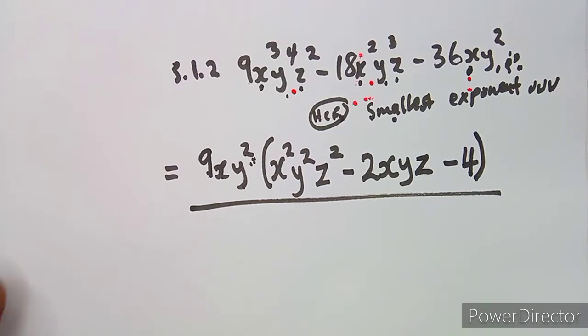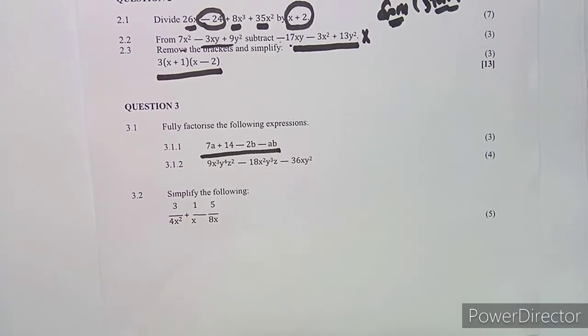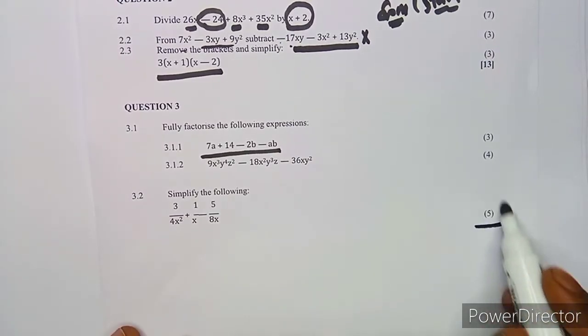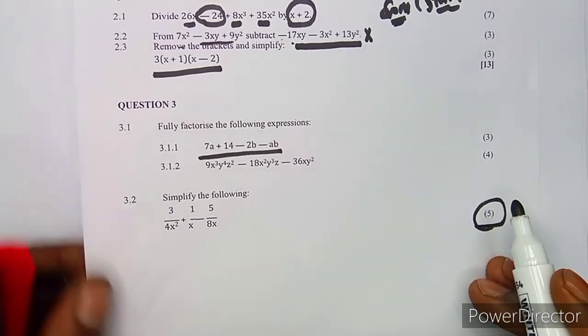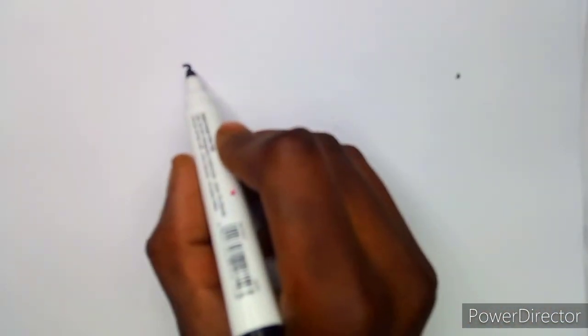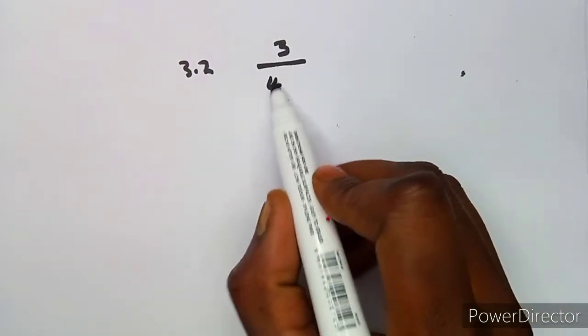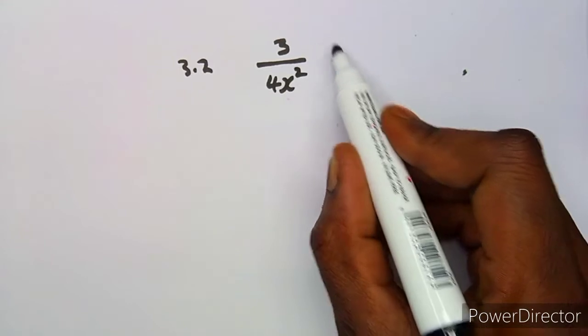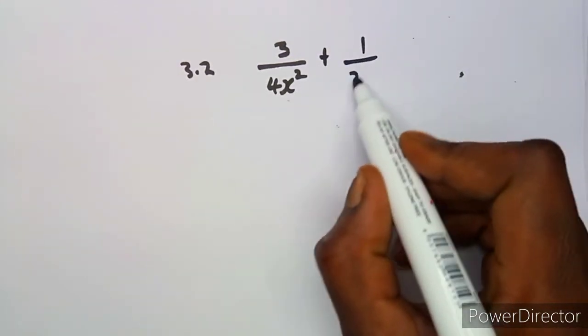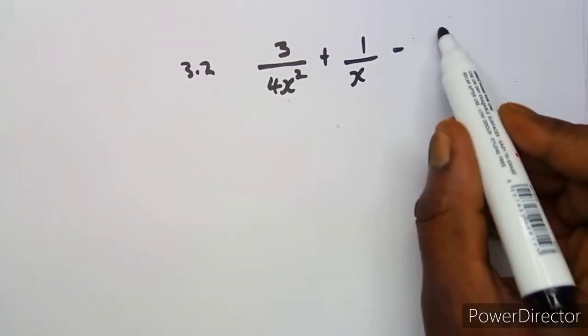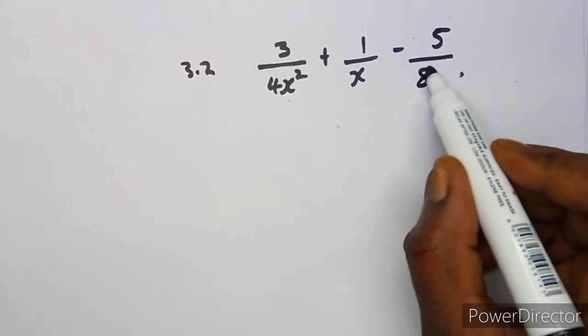All right, so another question is to simplify, and we've got 3.2, which is, you've got 5 marks for that, guys, to simplify this 3.2, which is 3 over 4x squared, plus 1 over x, minus 5 over 8x.